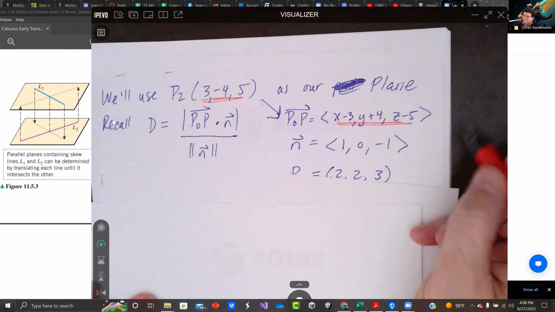And then the norm on the bottom is the magnitude of 1, 0, negative 1. So 1 squared, 0 squared, and negative 1 squared add up to 2. We've got the square root. So the distance is 1 over root 2. And so this is root 2 over 2 units. That's the distance between those two lines.